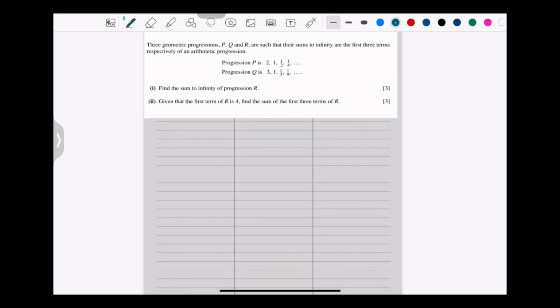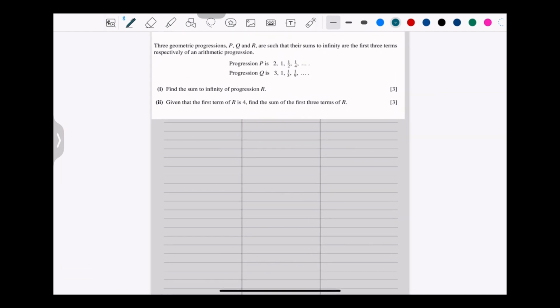Now let's look at another question here. So there are three progressions, in fact three geometric progressions p, q, and r, such that their sums to infinity are the first three terms of an arithmetic progression.